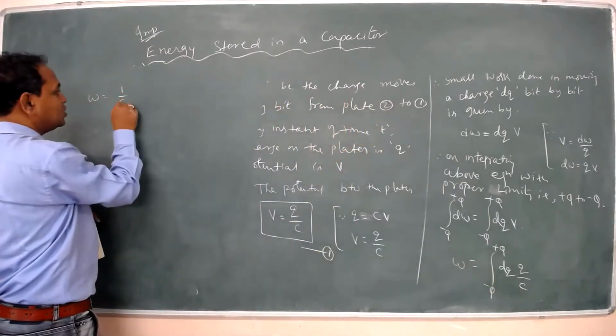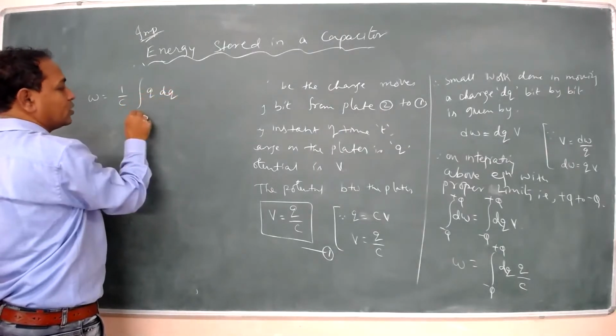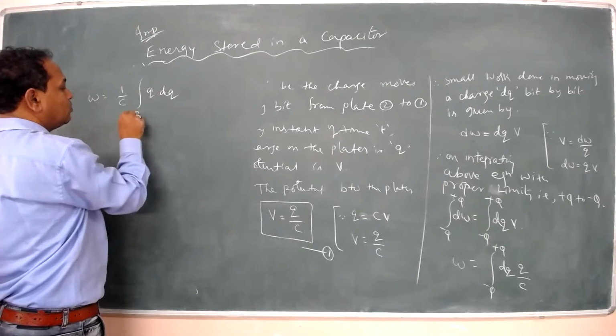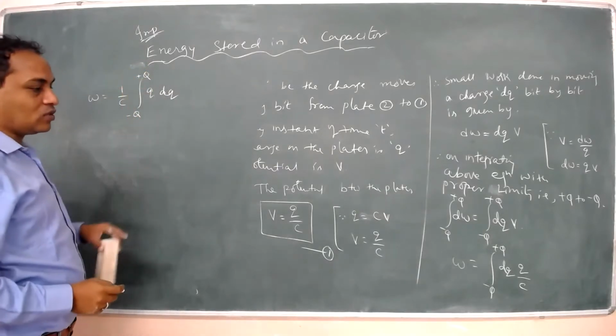Therefore, 1 by C times the integration of Q into dQ, from minus Q to plus Q.